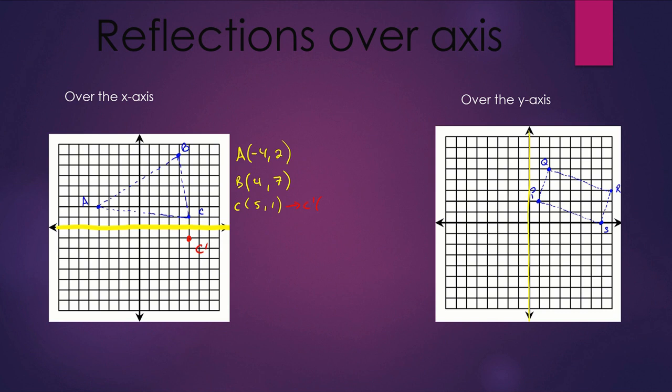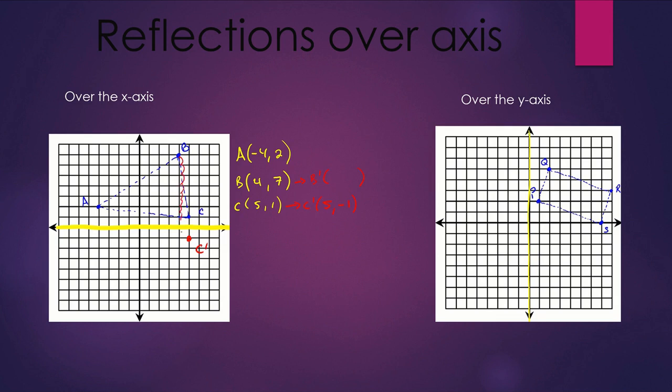Now in this case, the x values did not change, so it's still at 5. But the y value is now below the x-axis, which now is at negative 1. Okay, see if we can find a pattern here. Let's talk about B. So B, once again, is not going to change as far as left and right, but up and down, it was 7 units from the line of reflection, right?